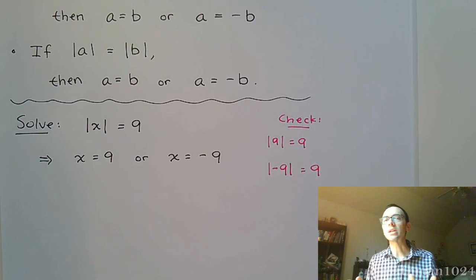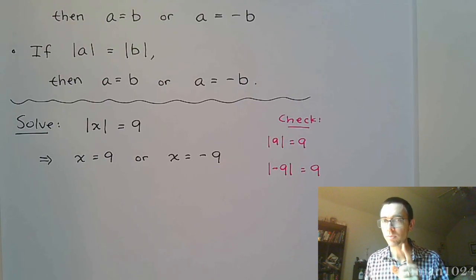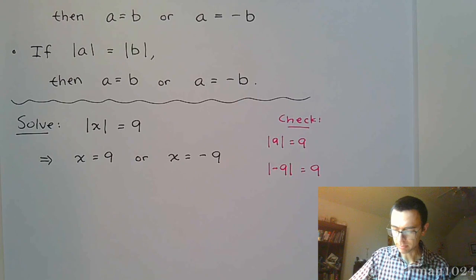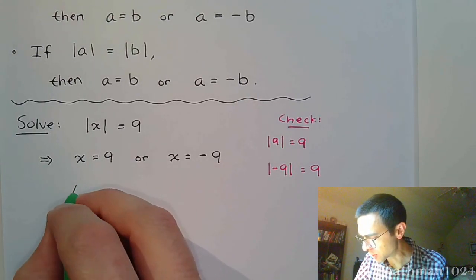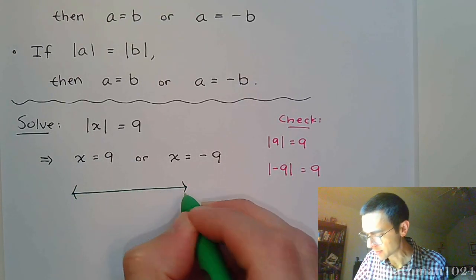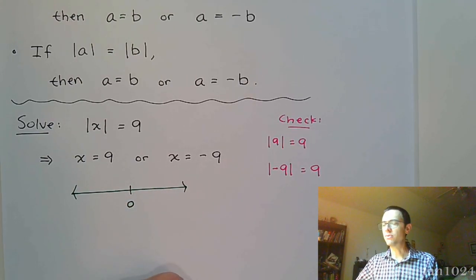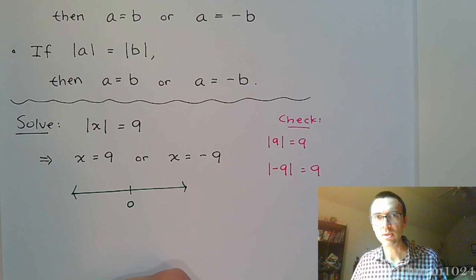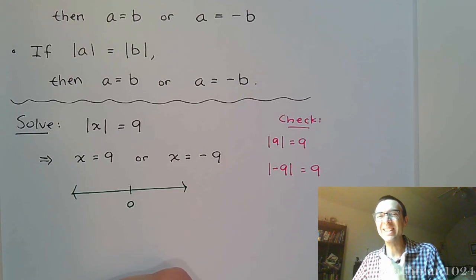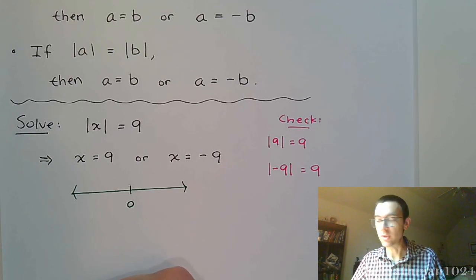One of the big things that we said in class before about absolute value is that it measures the distance from 0. So if I look at this on a number line, and here's 0, and I'm asking you to find the values of x who have a distance from 0 of 9 units.